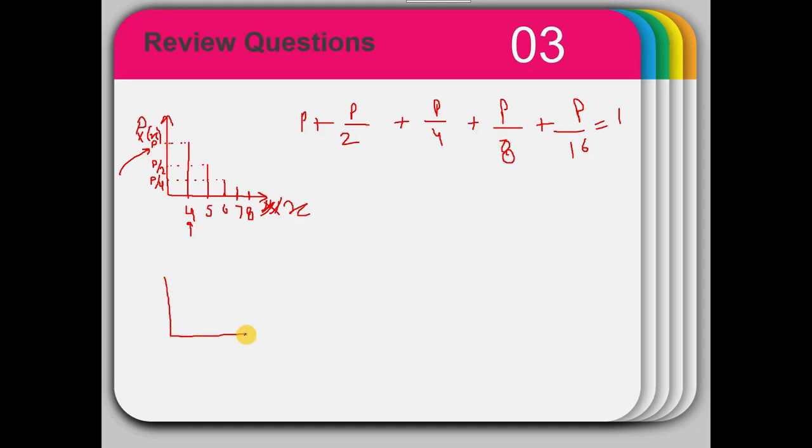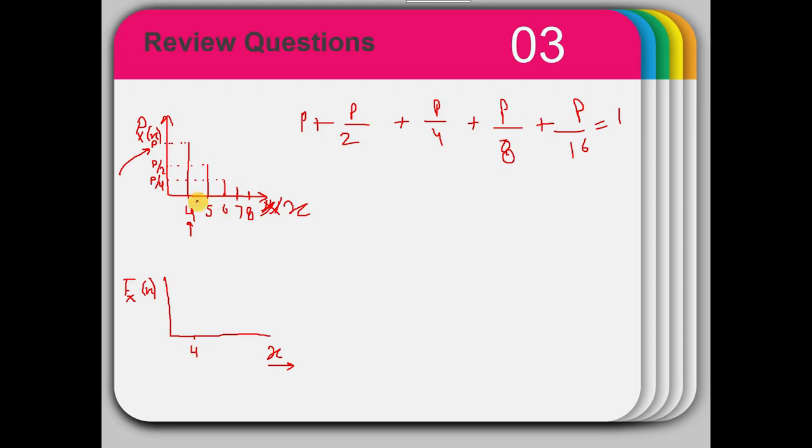So if you remember, the CDF was accumulated probabilities. As we go towards the right, the probabilities keep on adding up, and on the y-axis we have a representation of these summed up values. If I look at this PMF, as I move from left to right, there is no probability until the point 4.